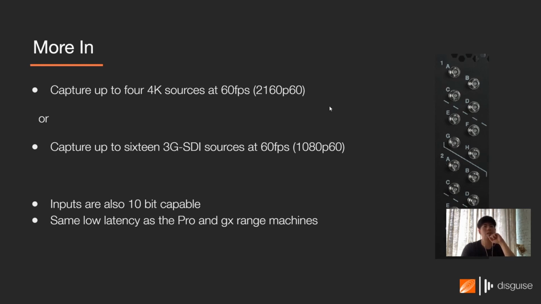So I can take in 4K or 16 HD, push out 4K or 16 HD. All of it is running at 60 FPS, and all are 10-bit capable as well. So for 10-bit machines, it's only the GX2c and VX4. The rest, unfortunately, is not supported because of the graphics card that is inside.